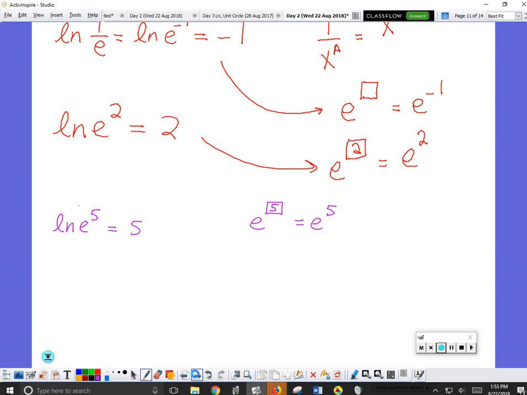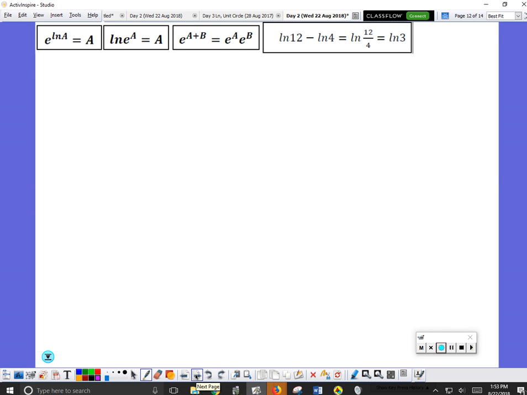Here's some formulas. Write them down. You'll need to have them memorized. You memorized them before, but these do show up once in a while in an AP question. This is the one we've been dealing with right here. Natural log of e to any exponent is just the exponent.